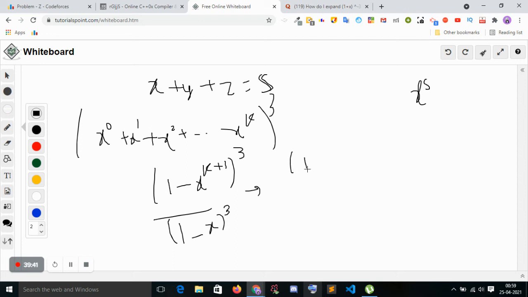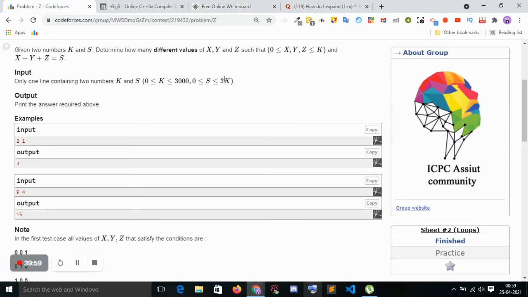The question mentions that the limit of s is 3k.